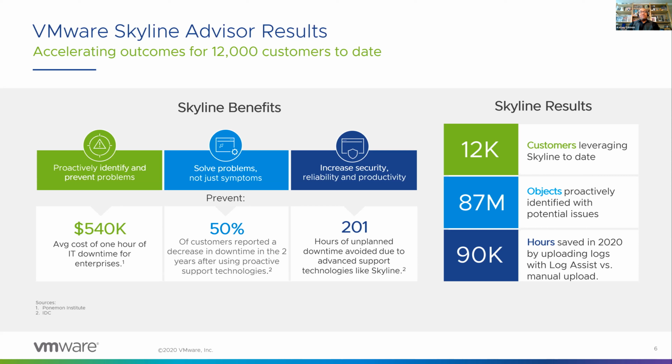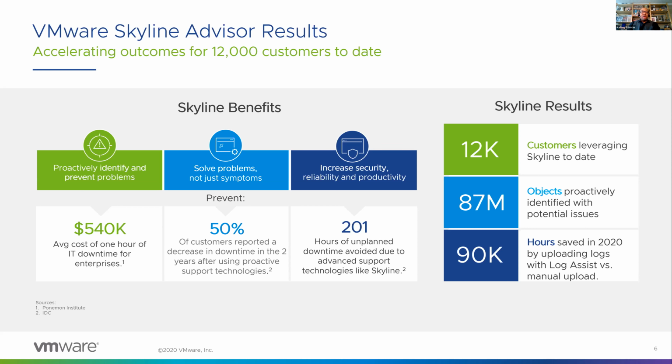As you can see here from a recent industry report, one hour of downtime for an enterprise customer averages $500,000. And companies who are strategically making the decision to take a more proactive approach to support are significantly reducing unplanned downtime. We're talking hundreds of hours here.